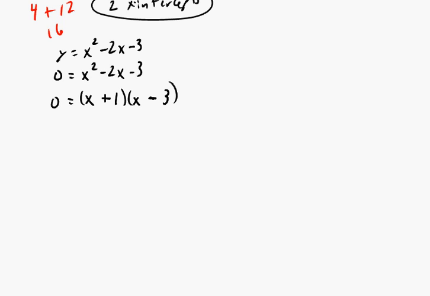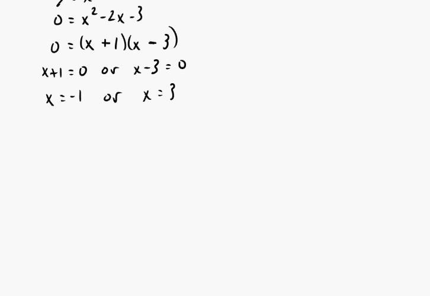Now that we've succeeded in factoring this equation, we know that either x plus 1 equals 0, or x minus 3 equals 0, which means that x equals negative 1 or x equals 3. And these two x values are the x-intercepts to our function, which means if we sketch the graph, then when x equals -1, the y will be 0. And when x equals 3, the y will also be 0.